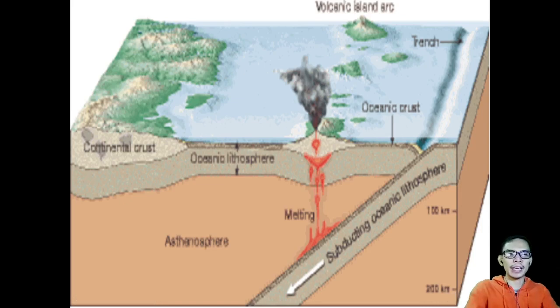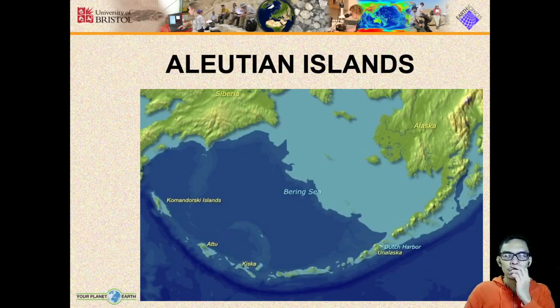As I showed earlier in the simulation, these are the volcanic island arc, and this is the trench that I am talking about. Examples of where we can find two oceanic crusts colliding with each other: number one is in the Alaskan island region, which is called the Aleutian Islands.